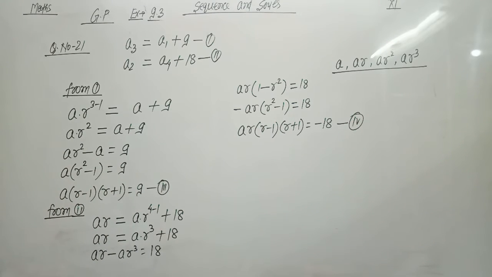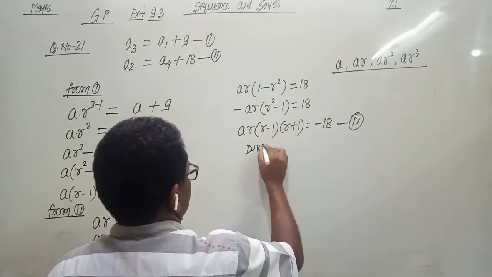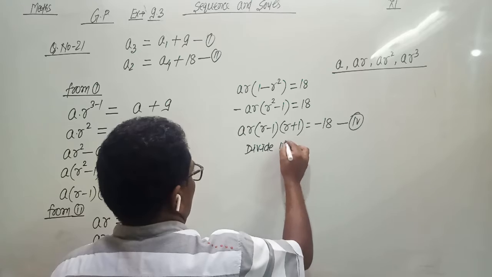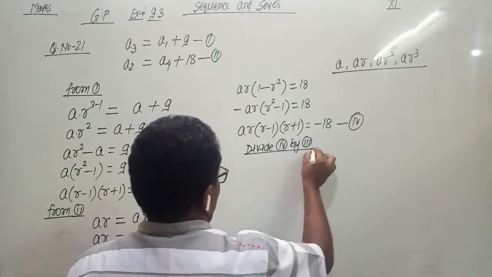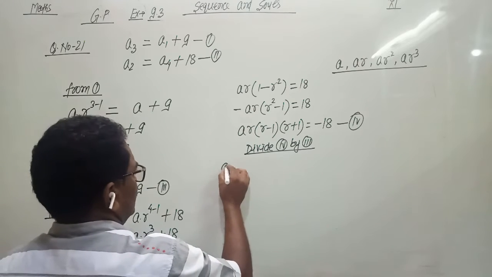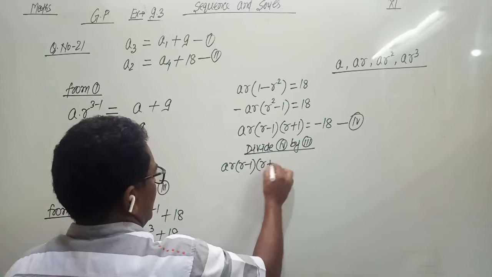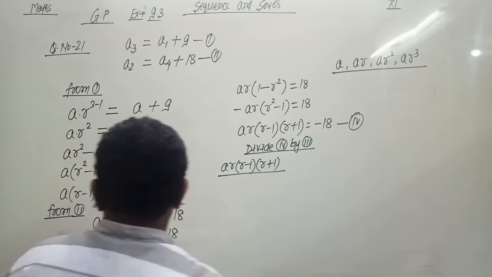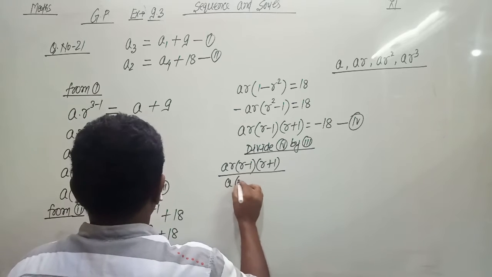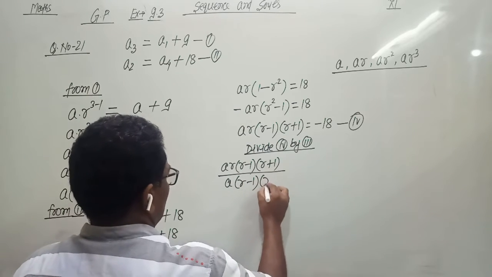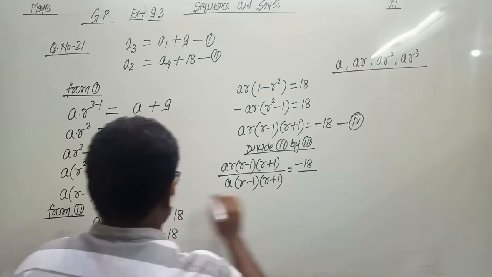Now divide 4 by 3. So the LHS of the fourth equation, A into (r − 1)(r + 1), upon the LHS of the third equation, A into (r − 1)(r + 1), equals 18 divided by 9.